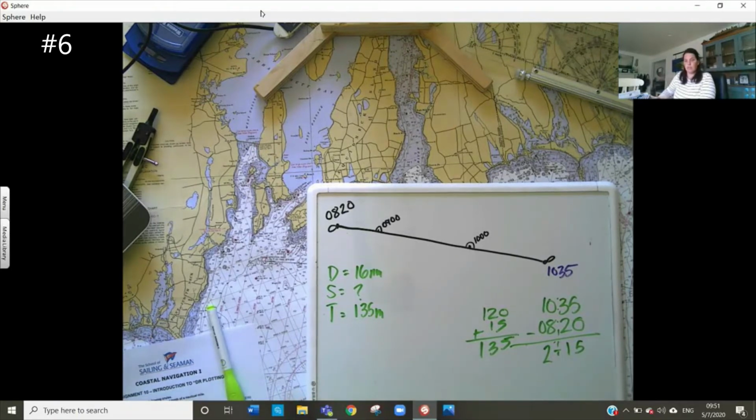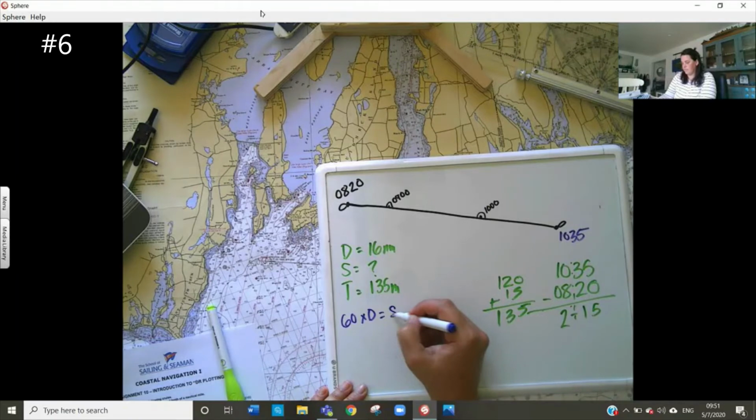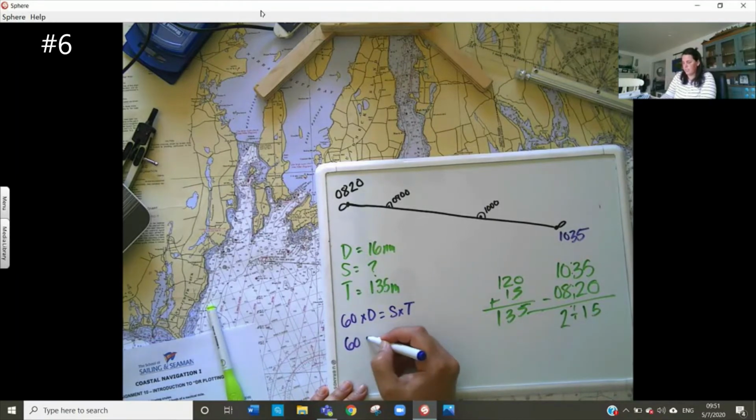So I'm going to do my 60 D over T. I'm looking for speed, so I have 60 times D divided by T gives me speed.